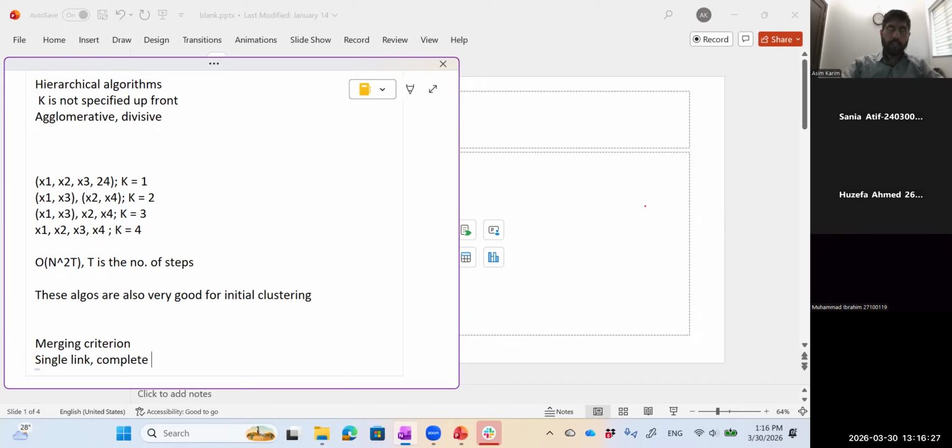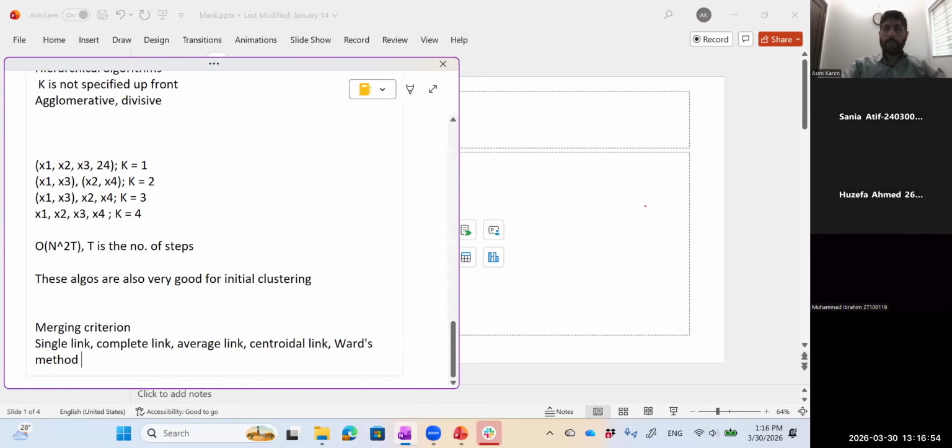Then we have the complete link, and then we have the average link, and then we also have what is known as centroidal link. And then actually there's another merge criterion which is not link or distance based, but that's based on variance. That's called Ward's method या criterion. ठीक है. So these are some of the merging criterions that are used in practice.